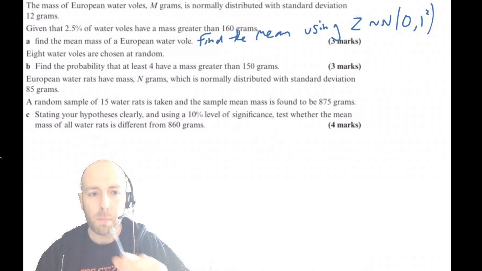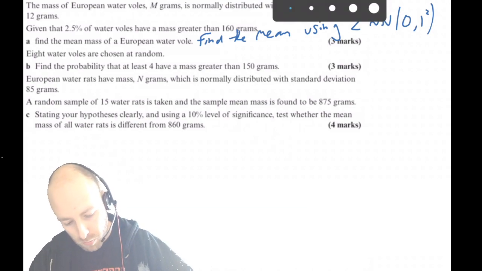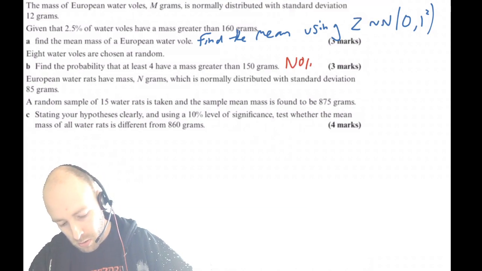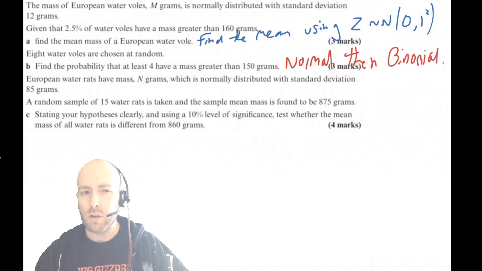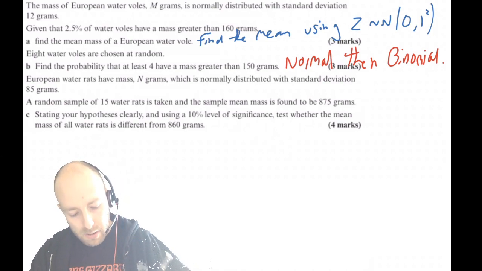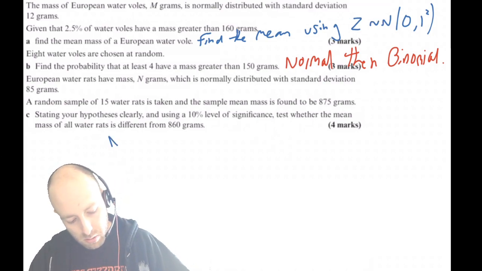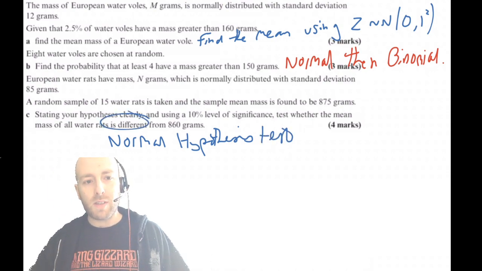So I think we're going to have to do a normal distribution followed by binomial. So this is normal, then binomial, which I think we did one of these on Monday, possibly Friday as well. And part C is a normal hypothesis test. And it says it's different, so I'm just going to leave that highlighted.